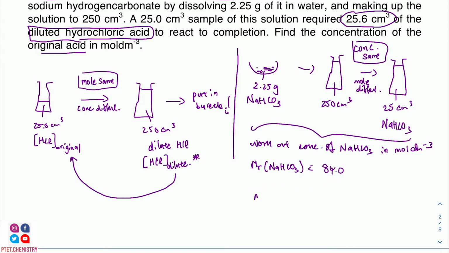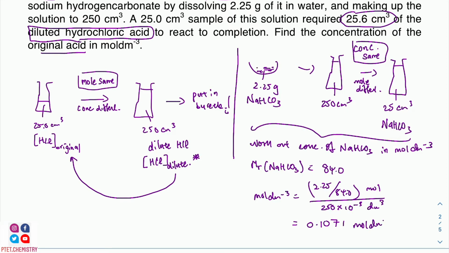In order to get mole per dm cube concentration, I know the mass divided by 84.0, so that is mole. Mass over Mr is mole. How much volume do I have? It is in 250 cm cube, so I convert that to dm cube, and then that will give me 2.25 divided by 84 divided by 250 times 10 to the minus 3. I get 0.1071 mole per dm cube.